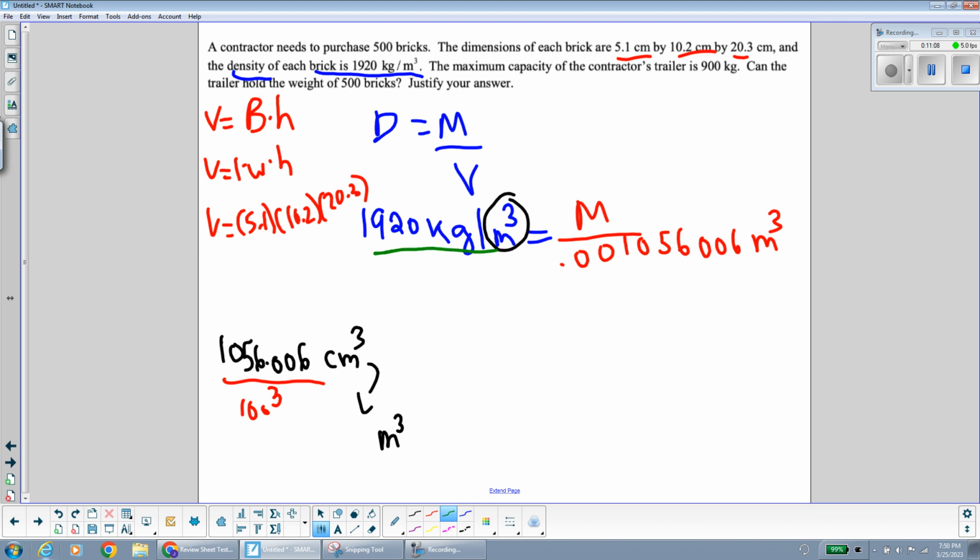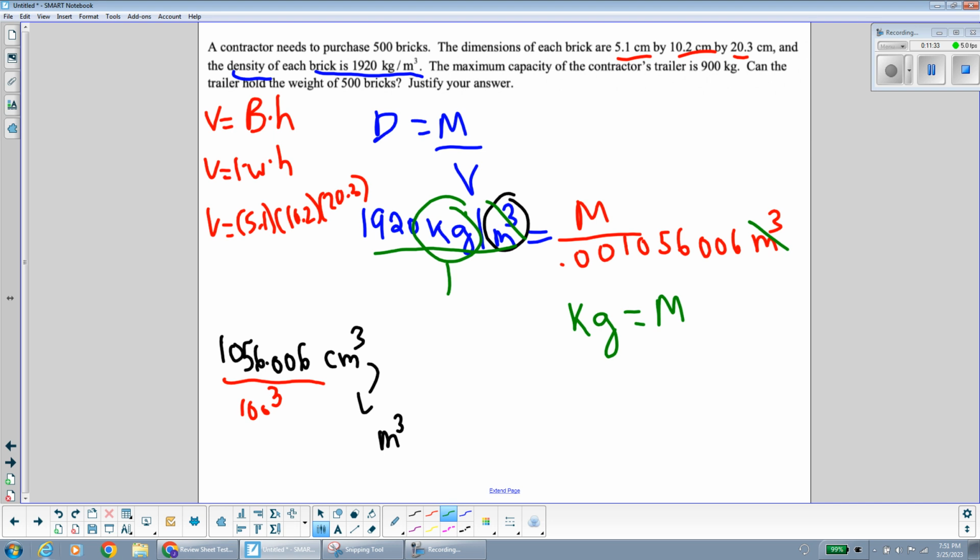So let's cross multiply to find out what the mass of each of the parts is. And our volume units are now the same, and they're going to cancel out, and we're going to be left over with the mass unit, which is kilograms. So our mass is going to be in kilograms. And once again, it makes sense that the volume units would cancel out because we are trying to find the mass here so we can see what the weight of 500 bricks is going to be.